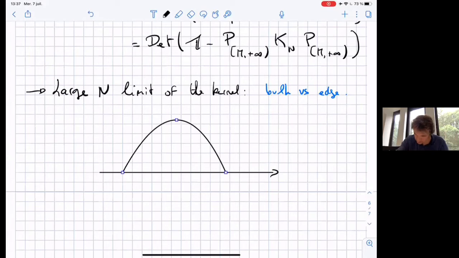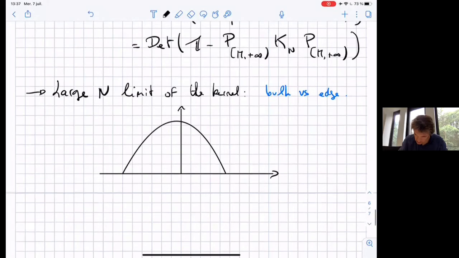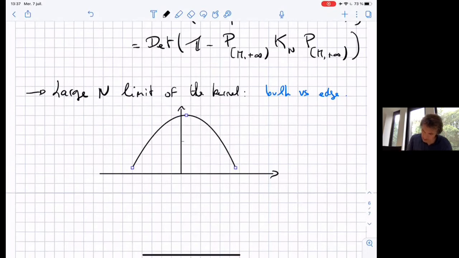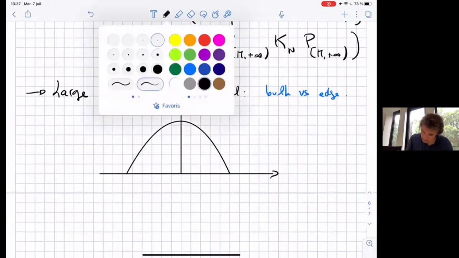So again, we have this guy. Basically we had the bulk.